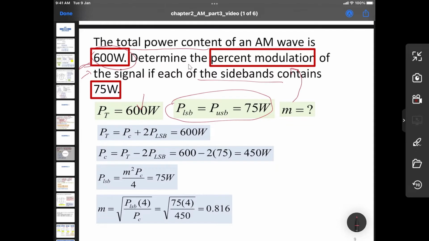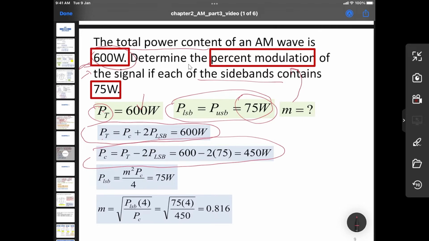What you have here is PT and PUSB. So you can use the equations of PT and PUSB and just substitute. You rearrange that, you will get the PC, and then you can get m.